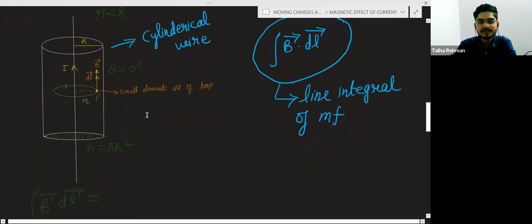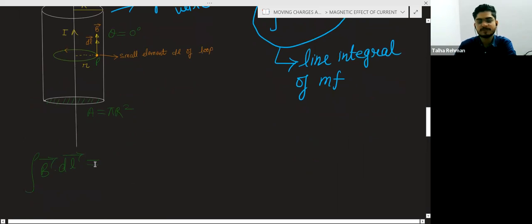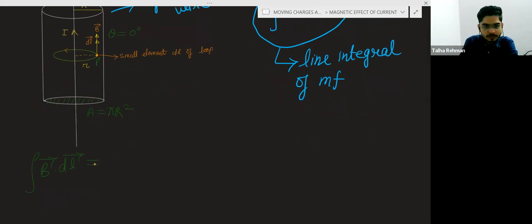Now the main challenge is to calculate the current passing through this cross-section area. First we will calculate this B dot dl. B dot dl, you will open it: B into dl into cos theta.